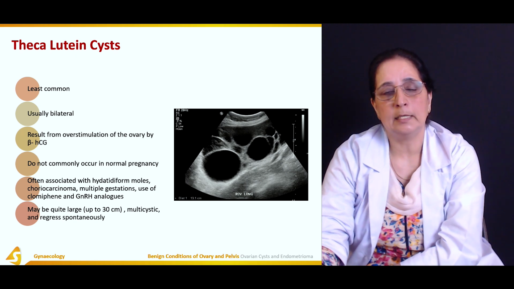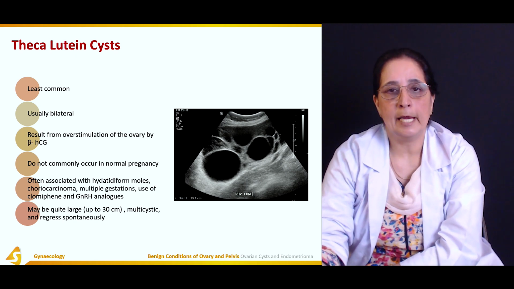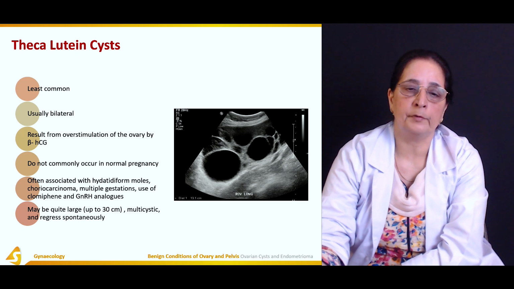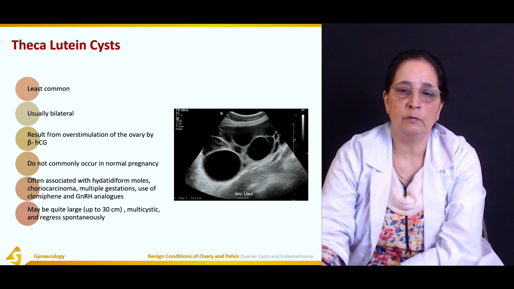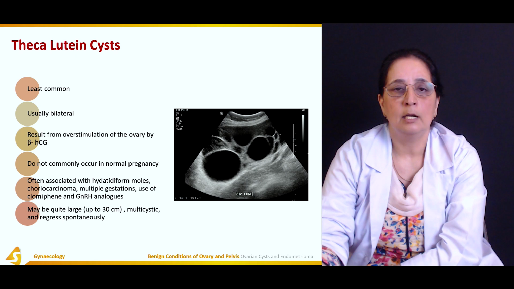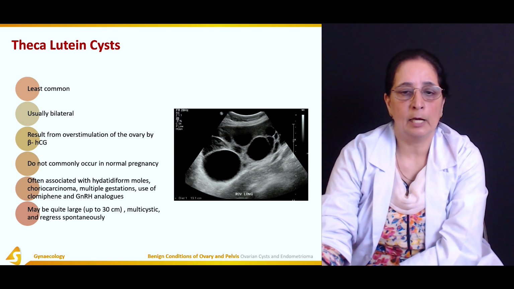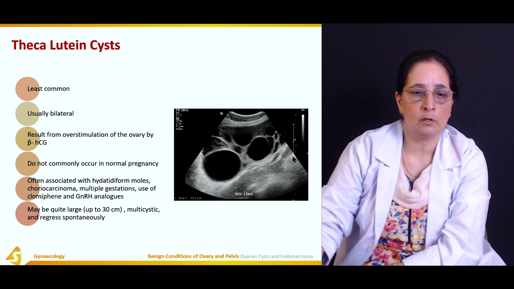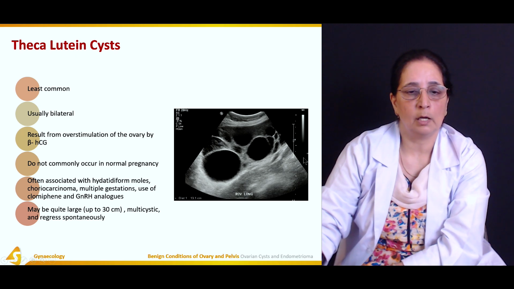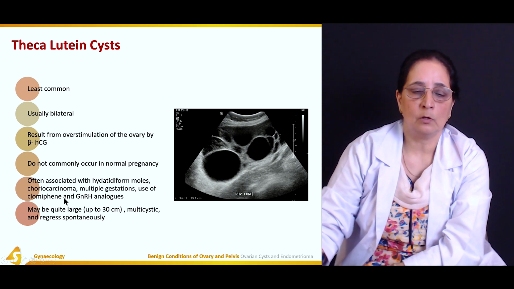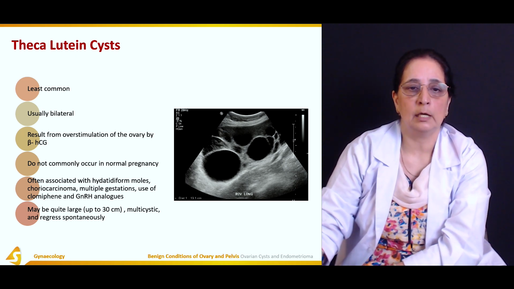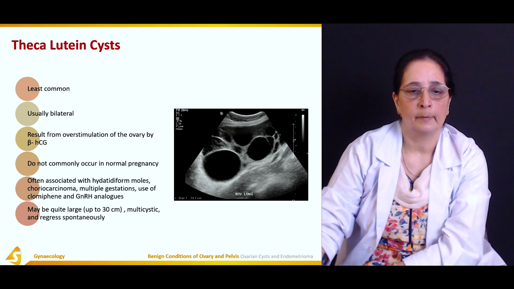Usually all these have high levels of HCG, and high levels of HCG lead to the formation of theca lutein cyst. And clomiphene is also used to cause ovulation, which sometimes can lead to multiple gestation, and this also leads to theca lutein cyst formation.